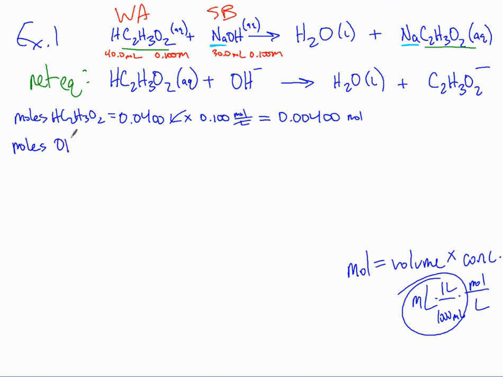And we can do the same thing with the hydroxide. Move the decimal place left 3 to make it liters. Concentration is 0.1 moles per liter. And we're left with just moles.